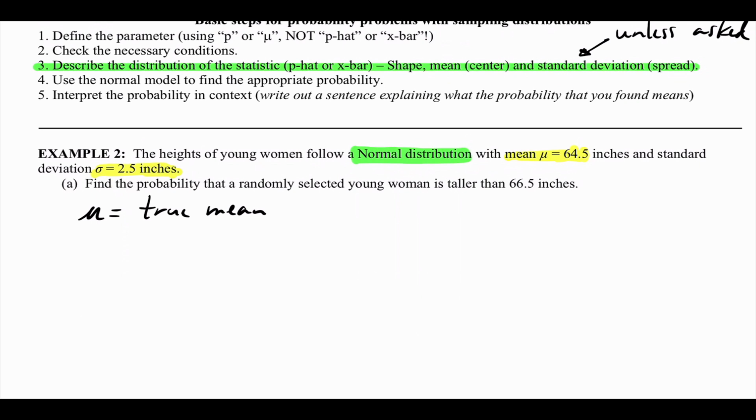The true mean or the true average what? What does 64.5 refer to? Of all young women, yeah. The true mean height of all young women.